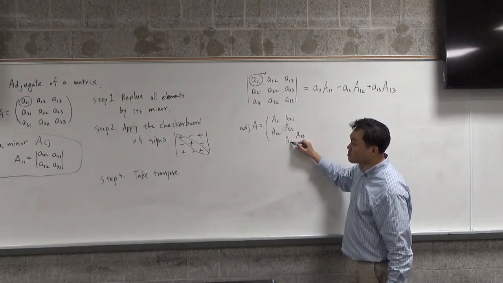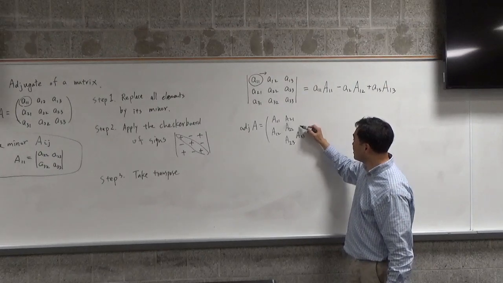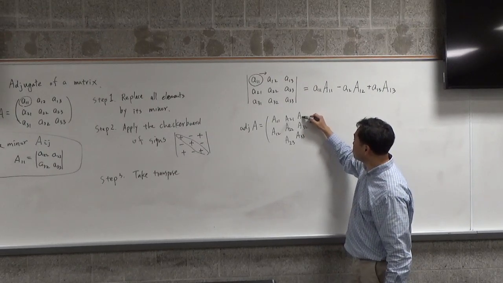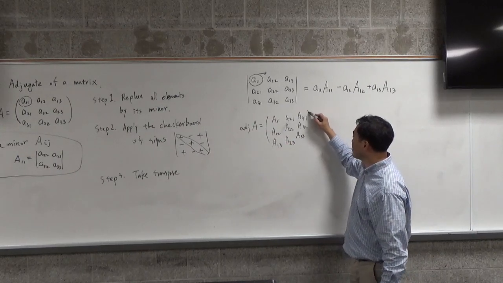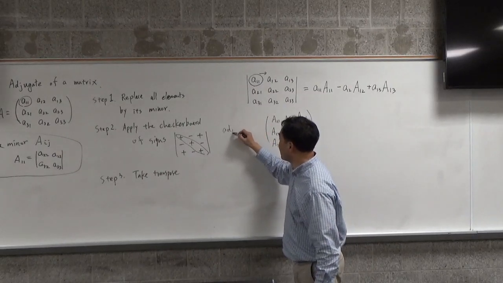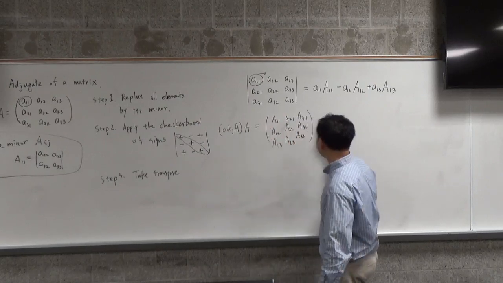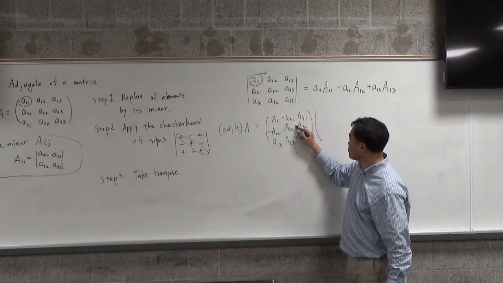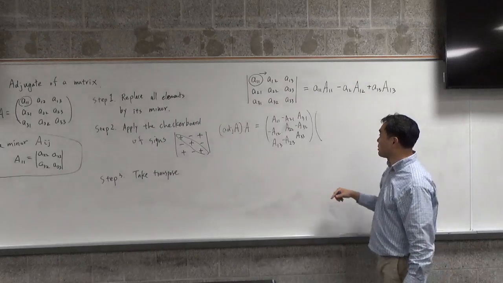Same thing here, instead of A32, I'll put A23, A32. Then this one will be A31, and this will be A13, right? So if you multiply the original matrix by this one, oh, and I forgot to put these signs, the checkerboard of signs. So that's the adjugate of the original matrix.